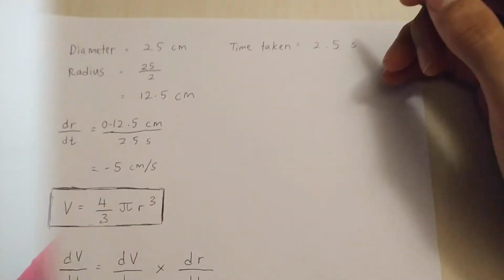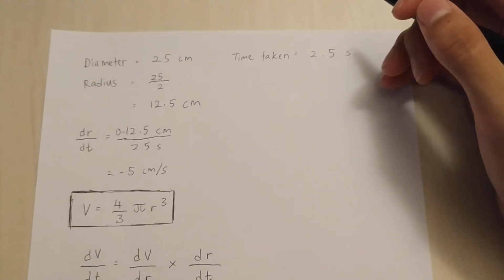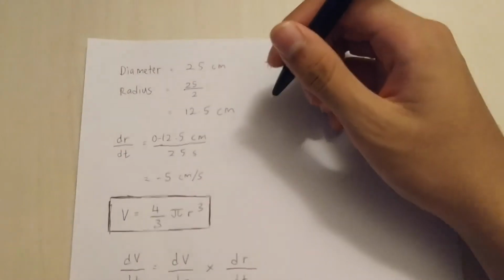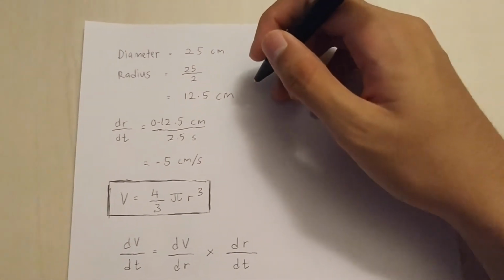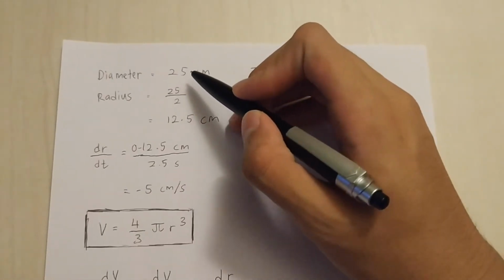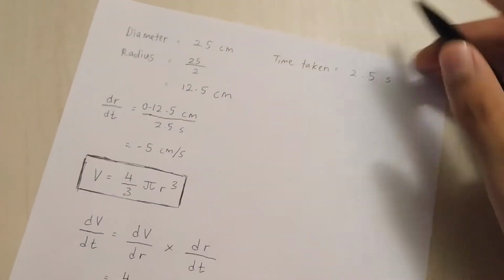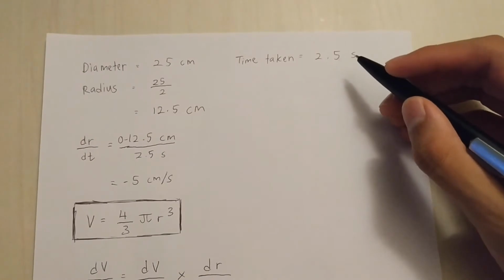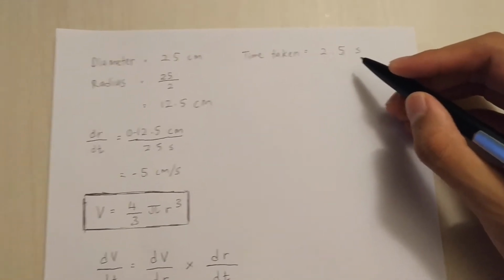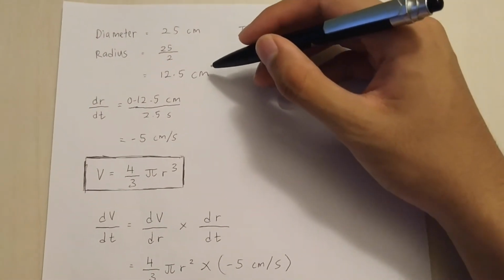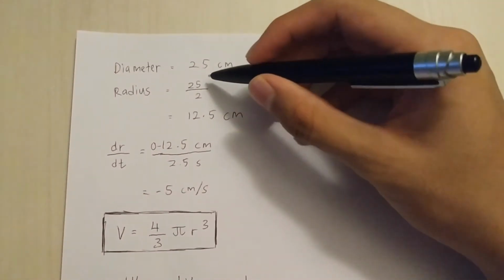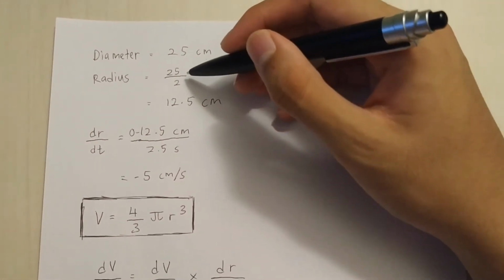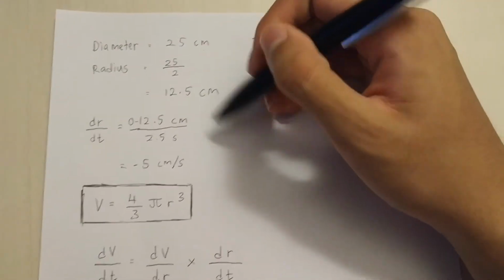I have written the solution for this problem first, so I can explain it to you. We assume the diameter is 25 cm, and the time taken for the air to run out is 2.5 seconds. We need the radius, and the radius is half of the diameter.